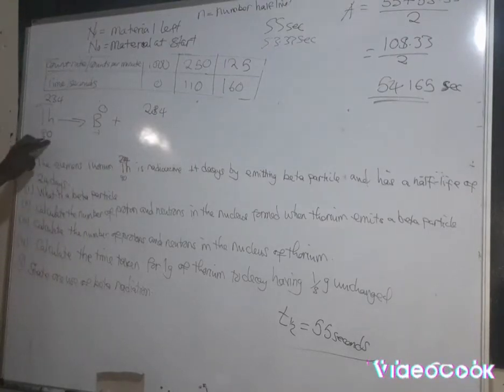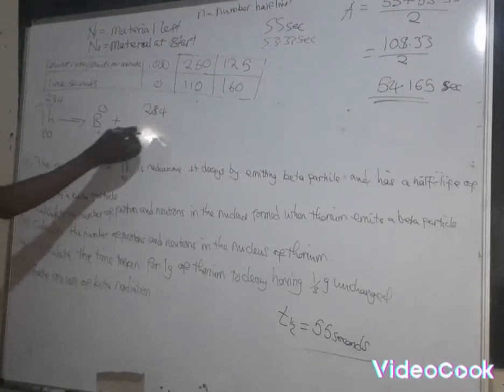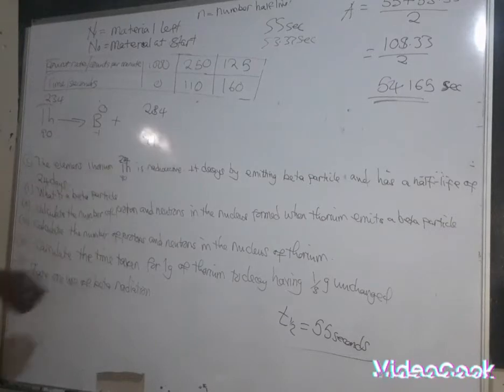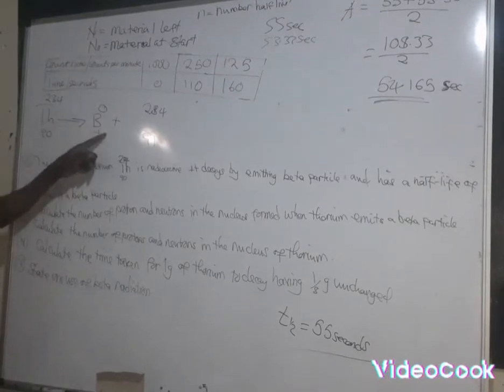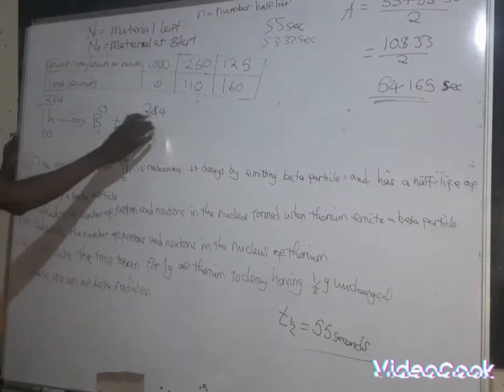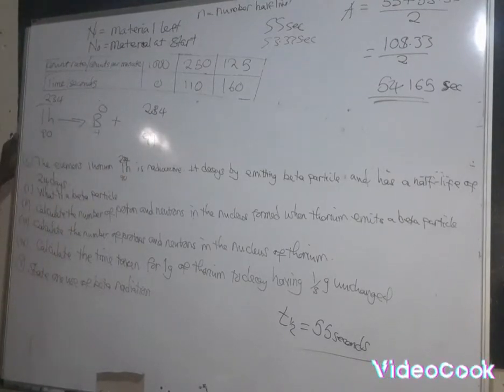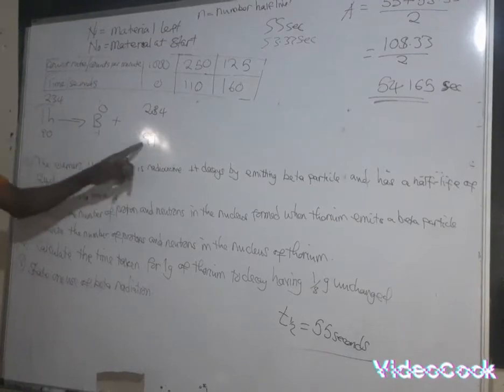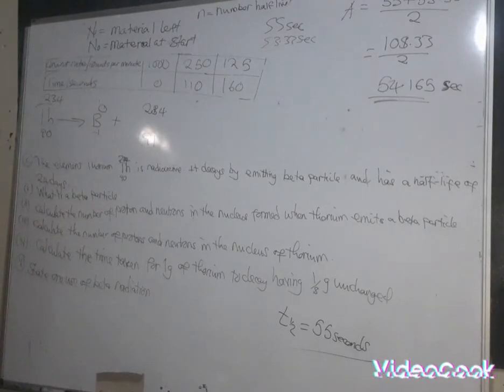Then 90 minus negative 1 is 91. So the atomic number of the radioactive isotope always increases by 1 when it has produced a beta particle. You check on the periodic table the element with atomic number 91, then use that symbol.